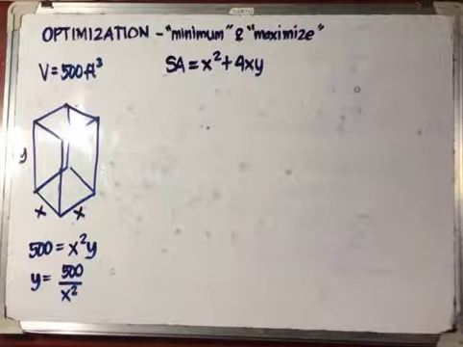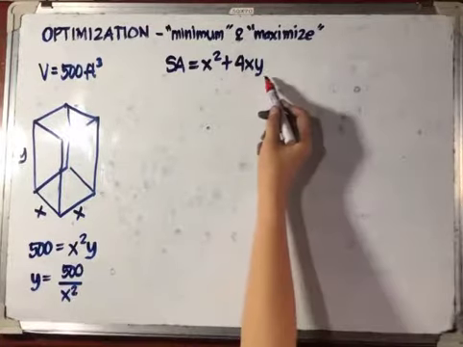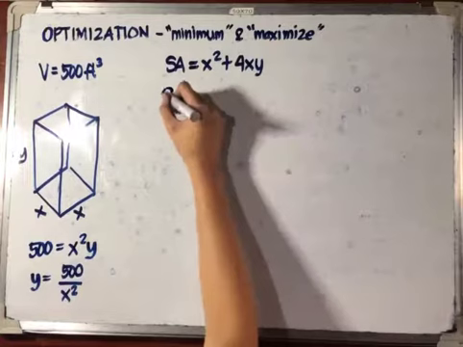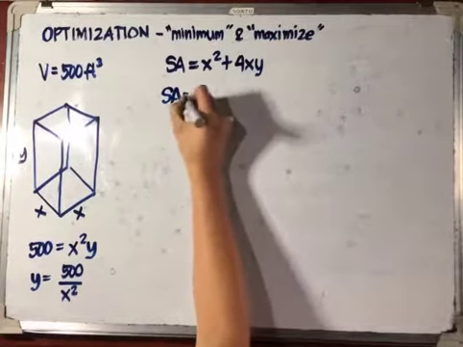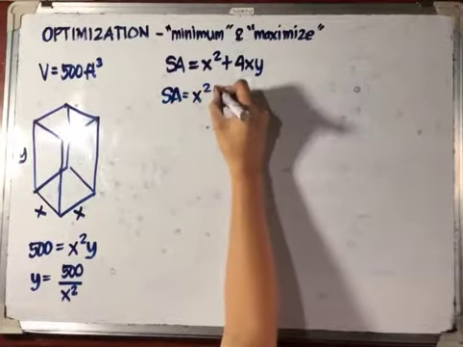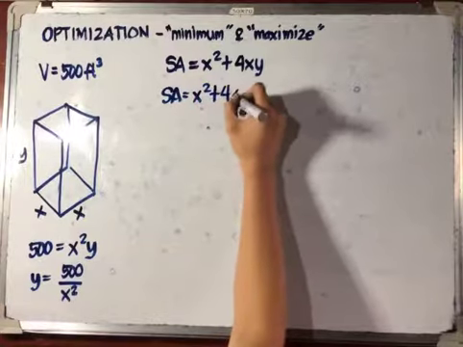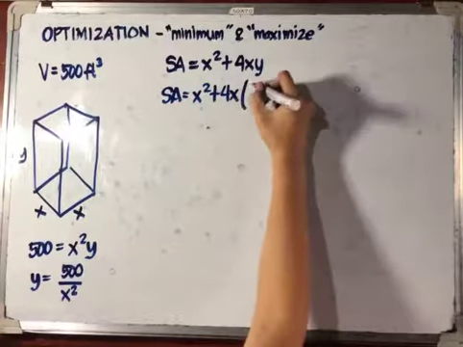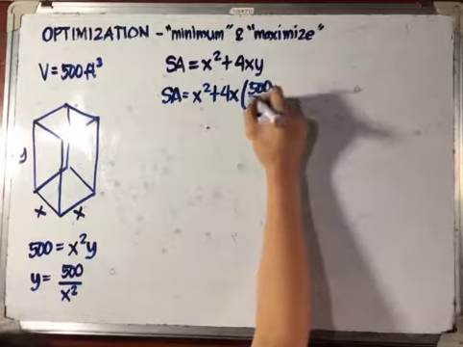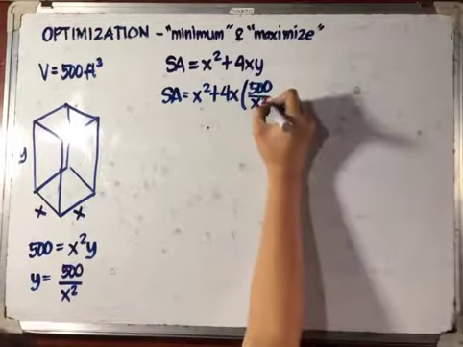So given that y is 500 over x squared, we can input that value here. So that our surface area now would become x squared plus 4x times 500 over x squared.